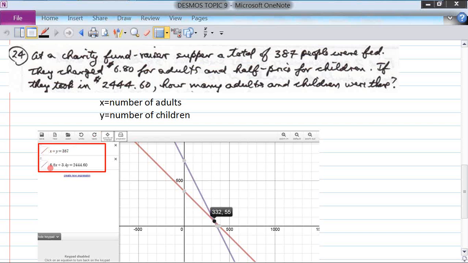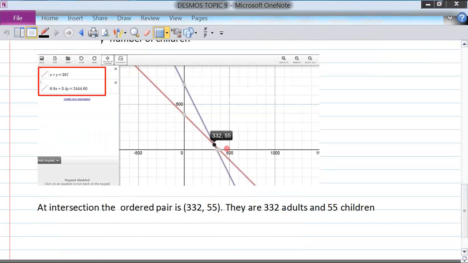X is the number of adults, you multiply that, so 6.8x is the revenue they're going to get for adults. They charge half price for children. A half of $6.80 is $3.40. $3.40 multiplied by the number of children gives the total revenue of $2,444.60.